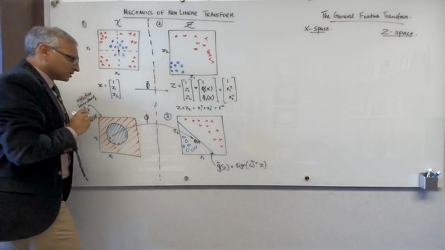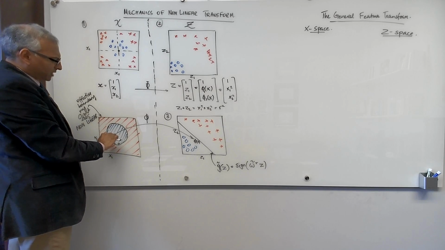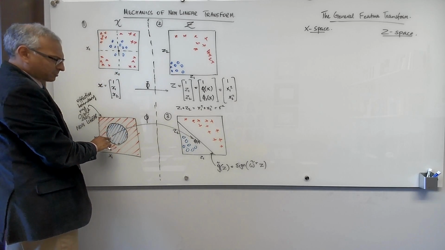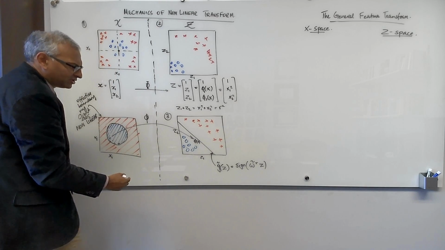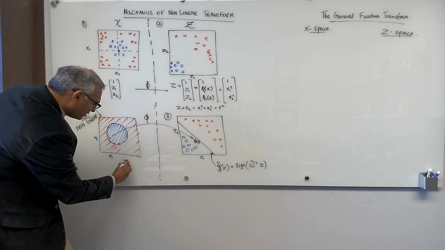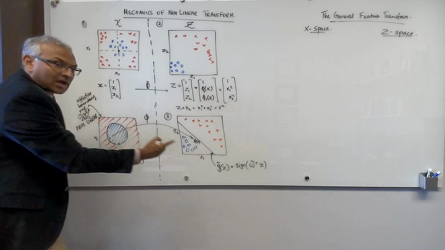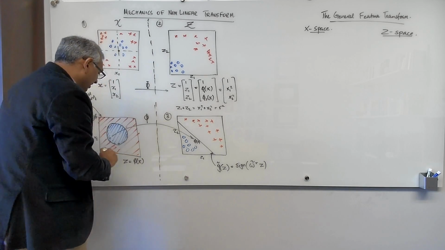If you were to encapsulate the entire process of pumping up your test point into phi of the test point and then classifying, what are you effectively doing? You're setting z equal to phi of x in this formula. But now you're implementing a classifier in the original space, so we can actually call that our final hypothesis.